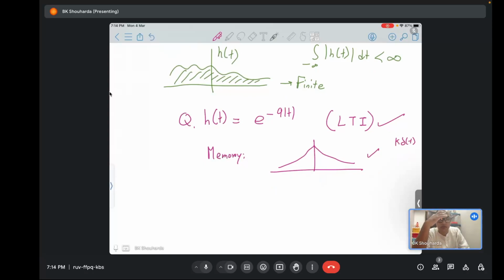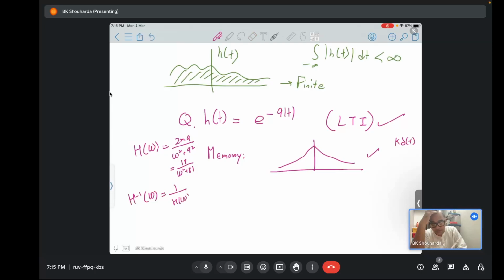Inverse: it would be okay if we don't talk about it now. We may talk about it later. If we look at H(omega), it is 18 upon omega square plus 81. So if we look at the inverse system, H inverse of omega would be 1 upon H(omega).